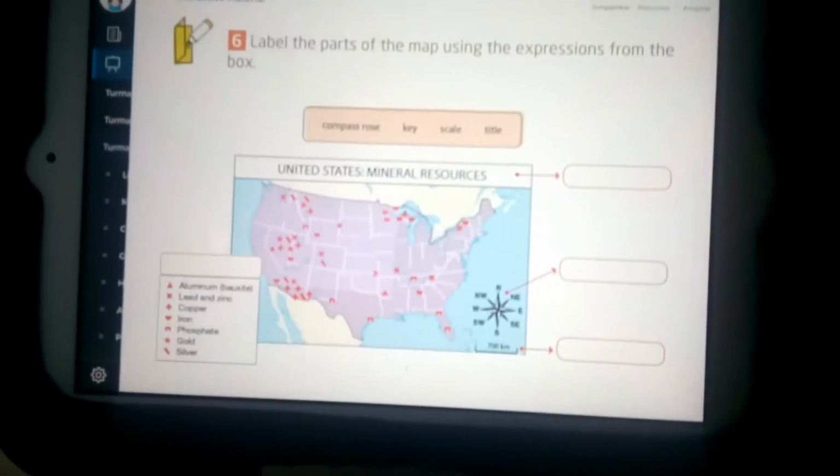And then in the page 41, I think it's 41, because here in my tablet it's all mixed, it's all together. You have the exercise 6. It's to do exactly this. We have the map of the United States, but it's not the states, it's the mineral resources.